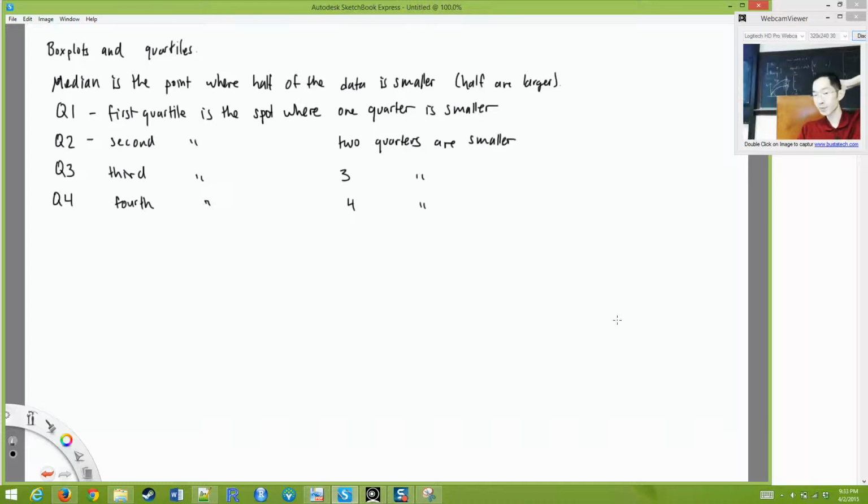Okay? So the second quartile is exactly the same as the median. So 2/4 is the same as a half. So the second quartile is the median. And the fourth quartile is also the maximum, the largest point in the data.